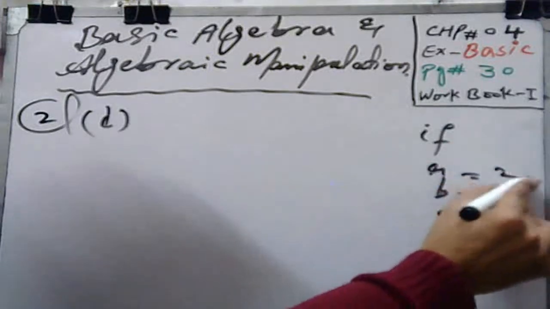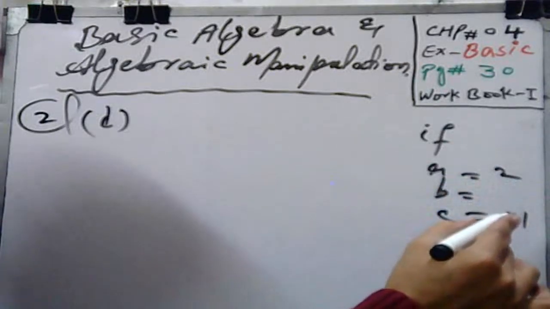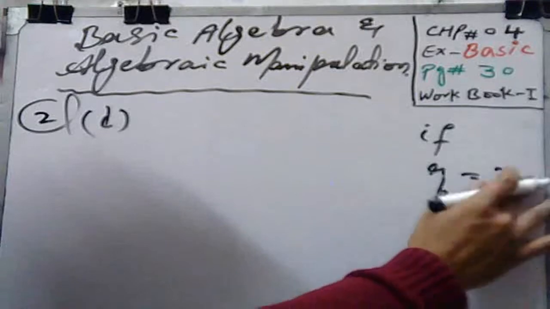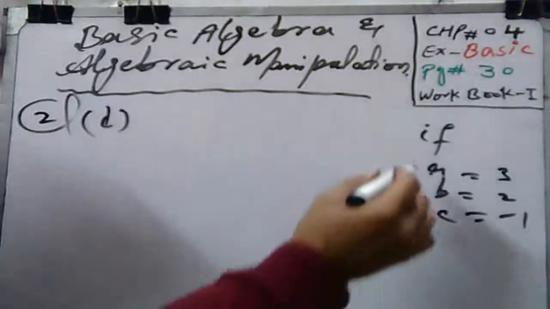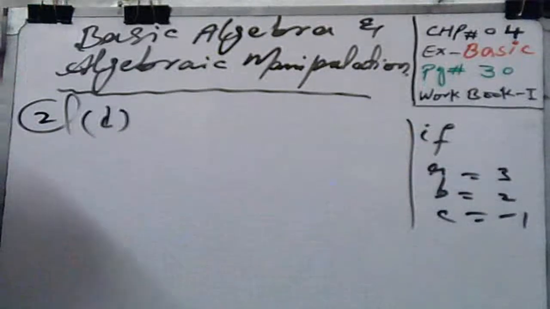So in D part, you can say 2a plus b plus c, 5b minus 3a.